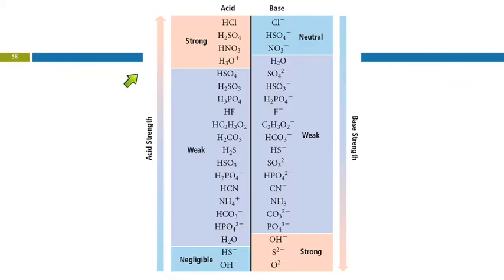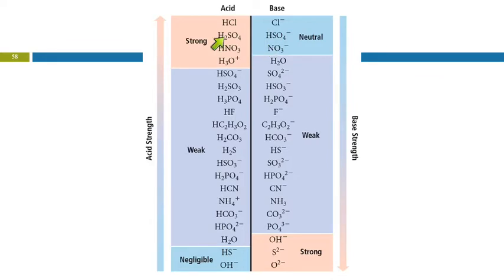Here's a figure. Up here we have strong acids. Those are some of them. And these are the conjugate bases of those strong acids. So HCl, you take the H plus away, you've got Cl minus. These ions here are considered neutral because they don't accept protons and form these strong acids.